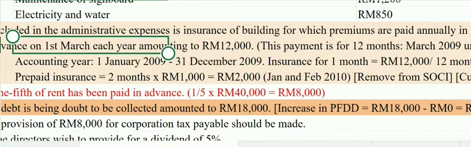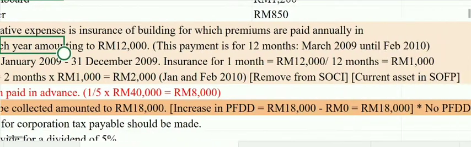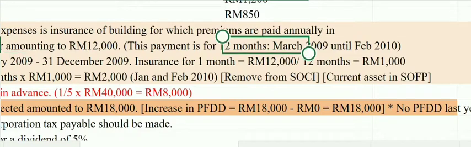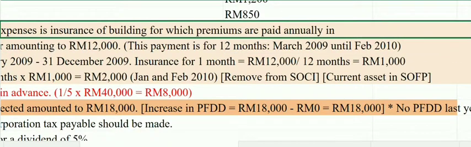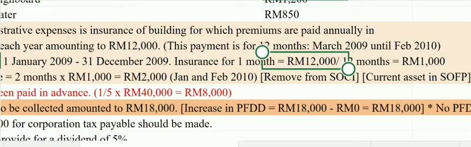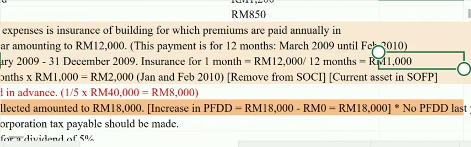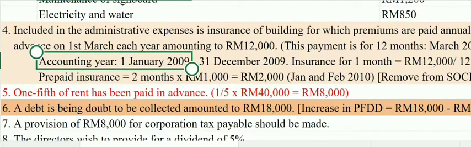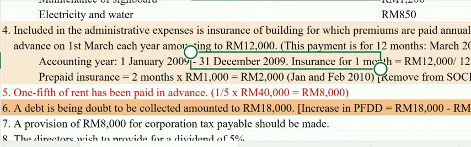That means you pay the insurance premium for 12 months, this will be from March until February 2010. That means one payment is for 12 months, but each month, okay, let's look at the calculation. Insurance for 1 month is 1,000 ringgit because 12,000 ringgit is for 12 months. However, your accounting year is until 31st December.